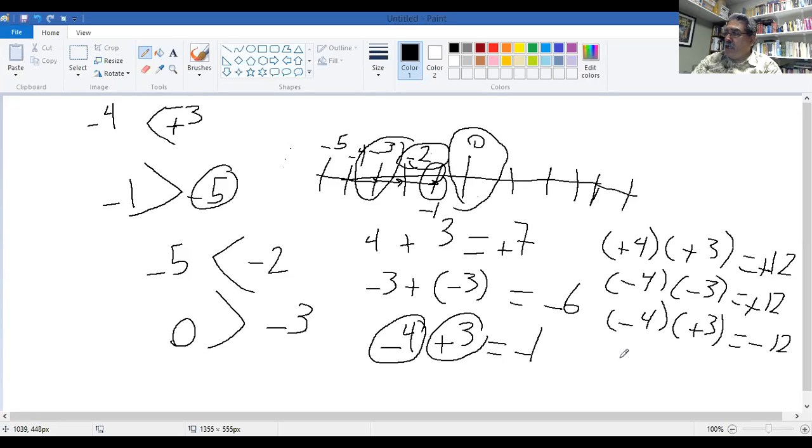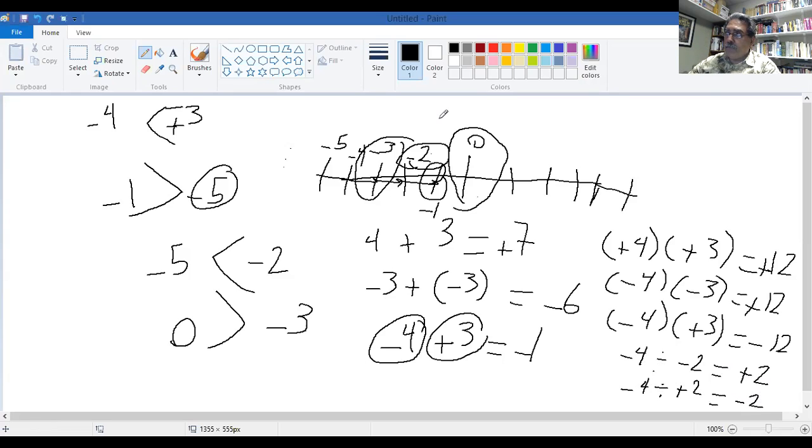Same with division. If I'm dividing -4 by -2, the answer is +2. But if I'm dividing -4 by +2, the signs are different, so the answer would be -2. Okay?